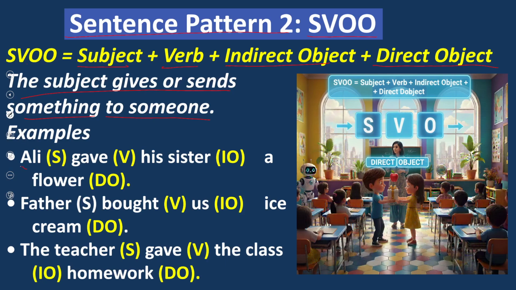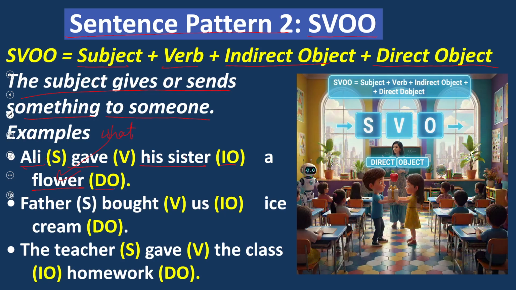Examples, look at this. Ali gave his sister a flower. What did Ali give? The answer of what here is a flower. Ali gave to his sister. Yes, the indirect object. What did Ali give? A flower.